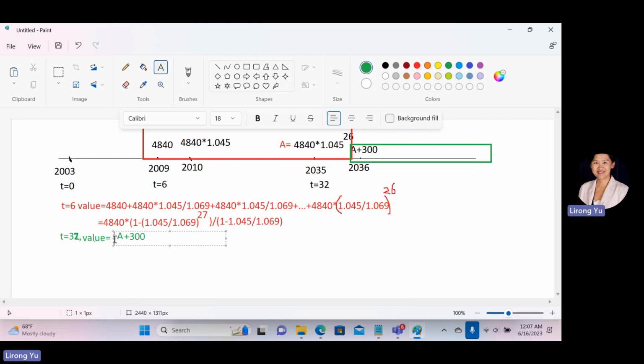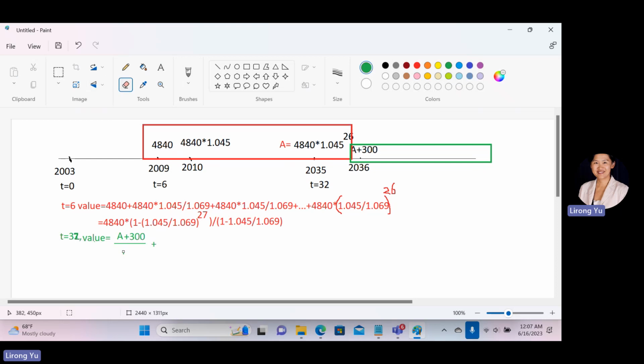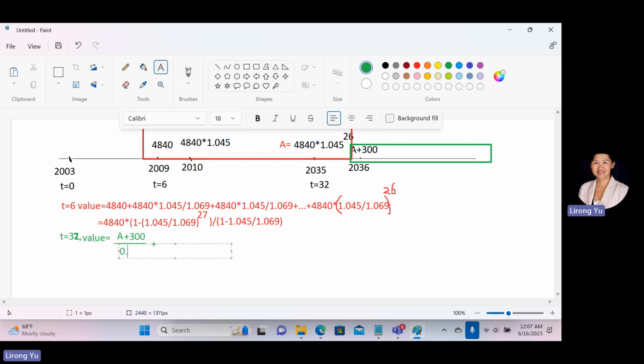And then after that, A plus 300 is in every single payment of this, and then plus the increment. I is the interest rate in the formula, but the actual value of i is 0.069.